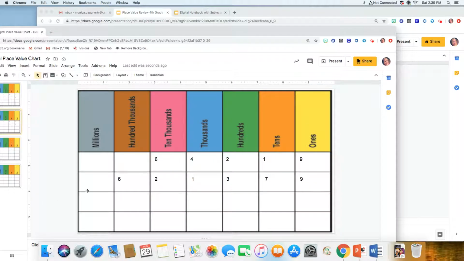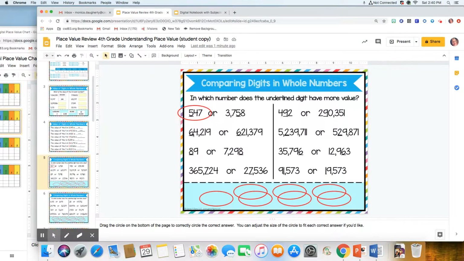This 6 is in the hundred thousands, but this 6 is in the 10,000s. And I know if I come over to the left, it's multiplied by 10, and I would rather have 600,000 cookies instead of 60,000 cookies. So in this case, the bottom number is our bigger one with the underlined digit. So I'm going to circle this one.